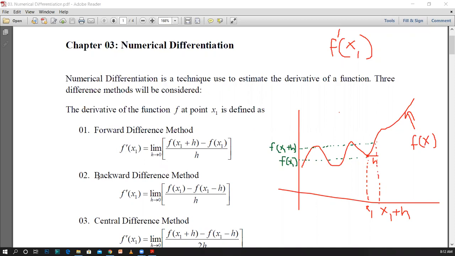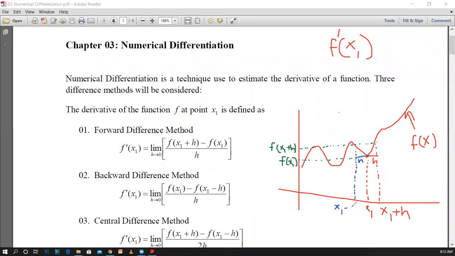The next method is the backward difference method. In the backward difference method, we consider the h distance on the left hand side, the other way round. Now this point is x1 minus h.